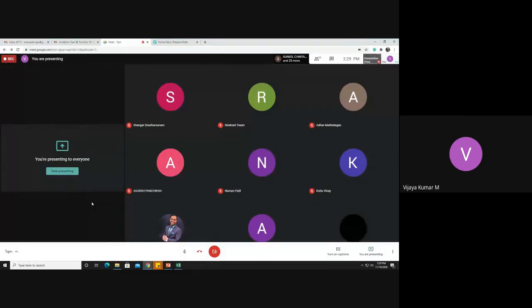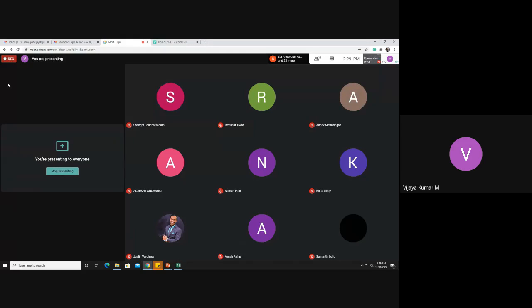In today's class, I only explained the theoretical part of the QFD analysis: how the shape looks, how the internal components look, how the procedure can be followed, the step-by-step process of the QFD analysis, and the terminology behind it.